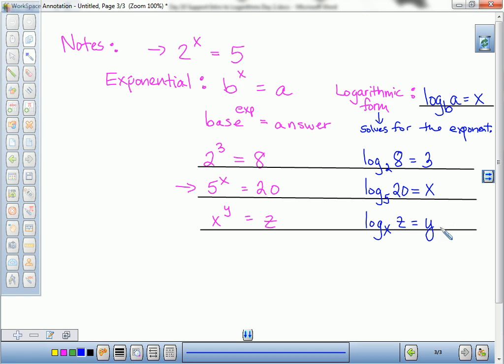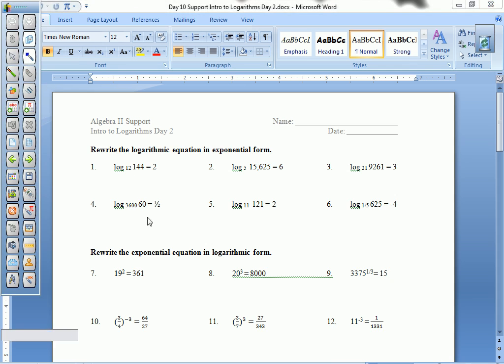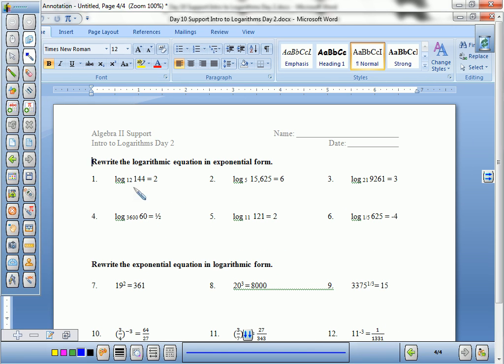All right, so the first problem is log base 12 of 144 equals 2. Okay, so we're going to now write this in exponential form. So the base is down here, 12. The exponent is what it equals, 2.